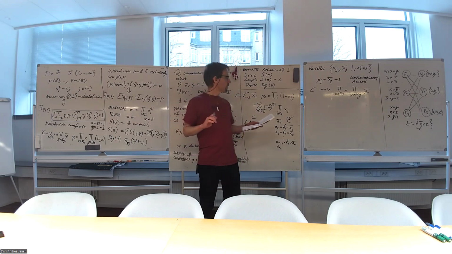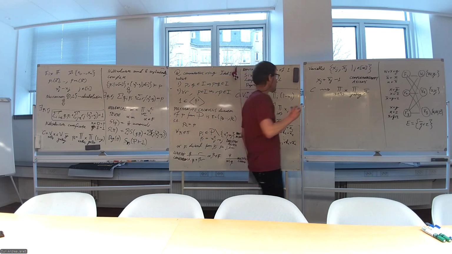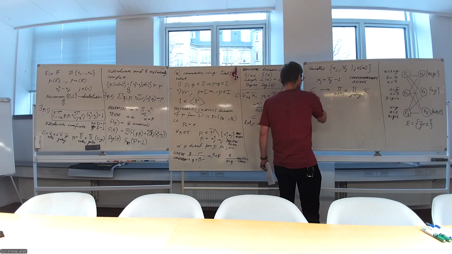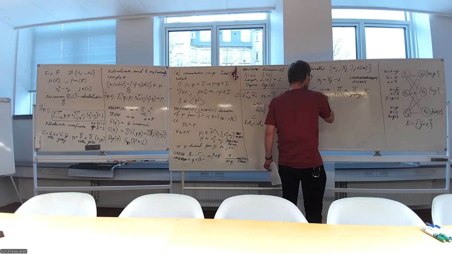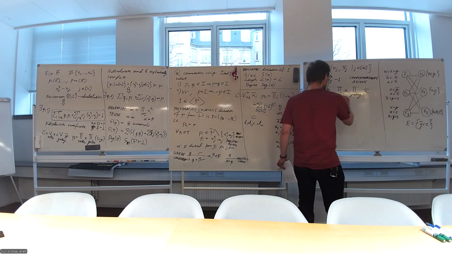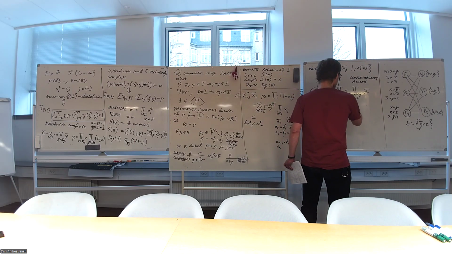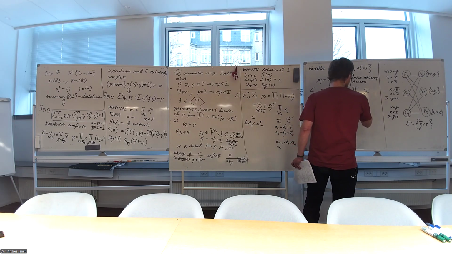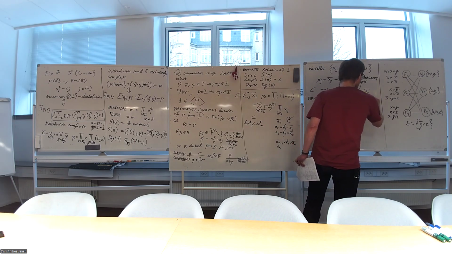And this is sometimes known in the literature as polynomial calculus resolution. That's a lot of typing, so it's more convenient to say PCR.